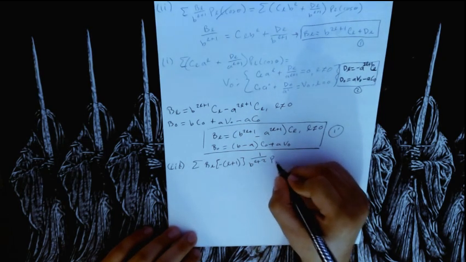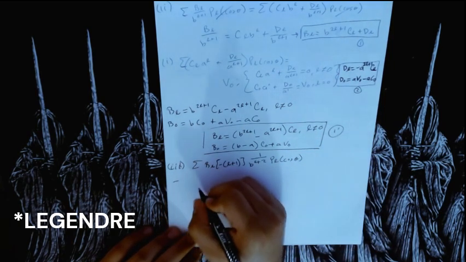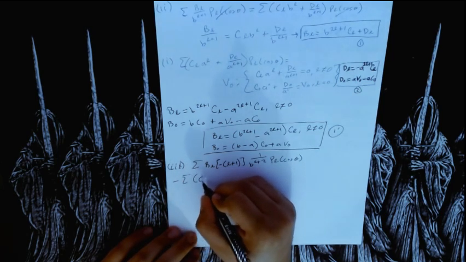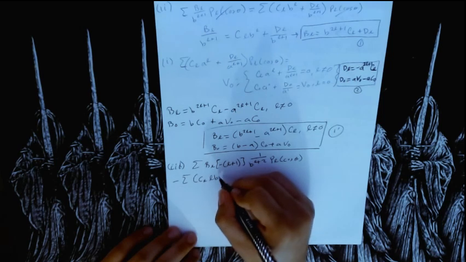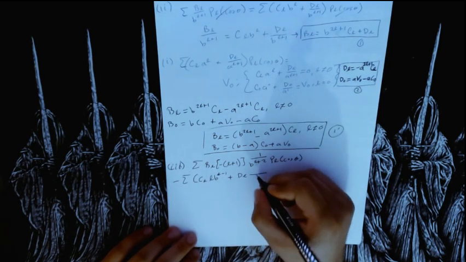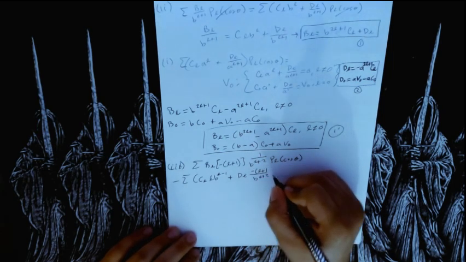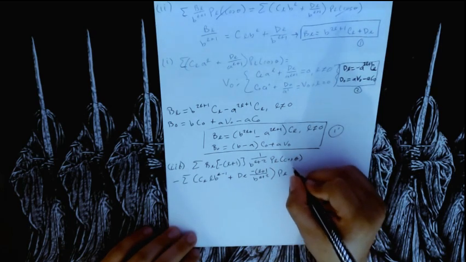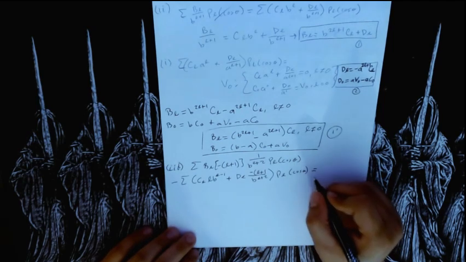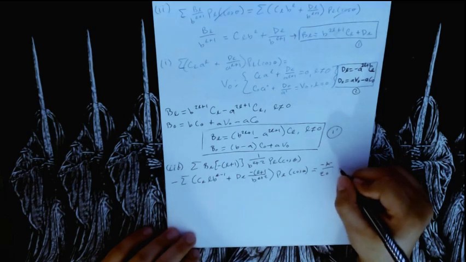Again, remember this is for our third boundary condition. It'll be minus the summation, C of L times B to the L minus 1 plus D sub L, minus L plus 1, B sub L plus 2. Right, this goes like that, and this will be equal to our negative K epsilon naught P sub L.